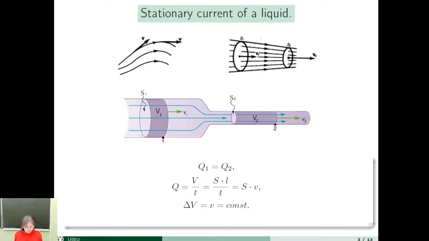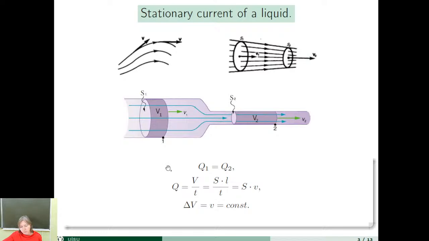Suppose an incompressible fluid completely fills a channel such as a tube and flows along it. Then if some amount of fluid enters one end of the channel, an equal amount must leave the other end. This is the principle of continuity.